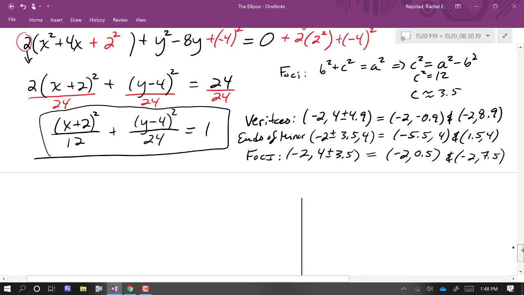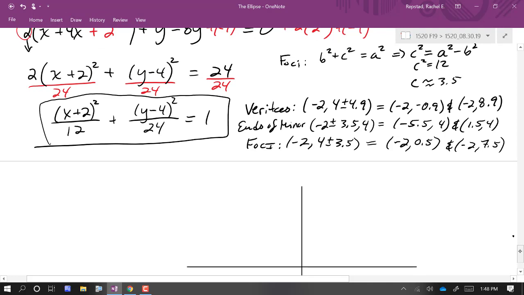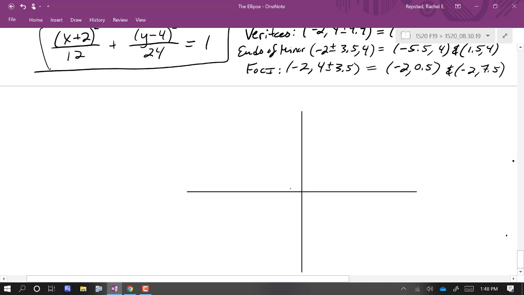So the vertices: negative 2, negative 0.9, so like right there, and then 8.9, so very close to 9.